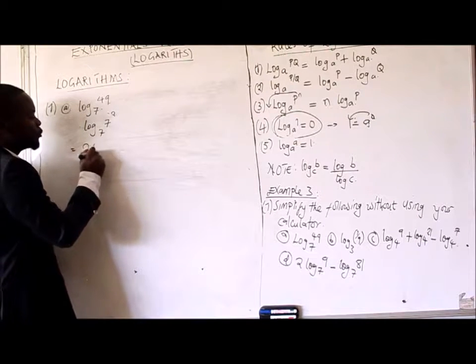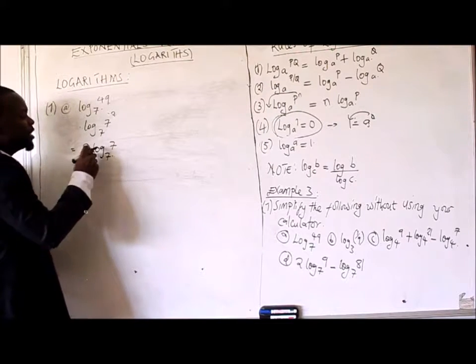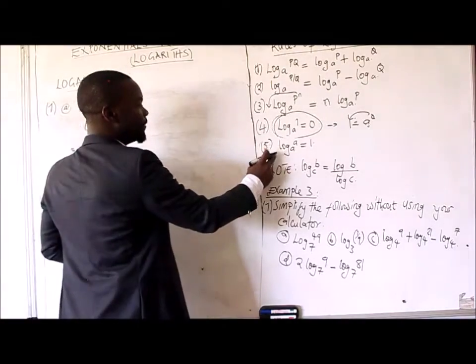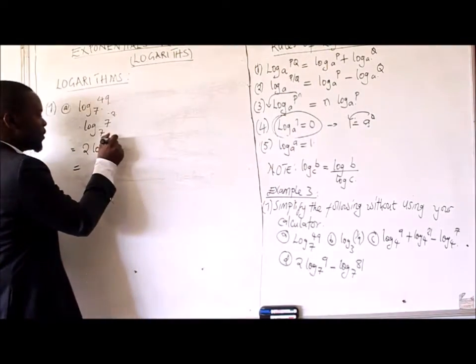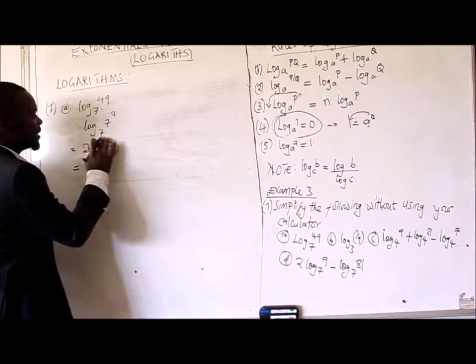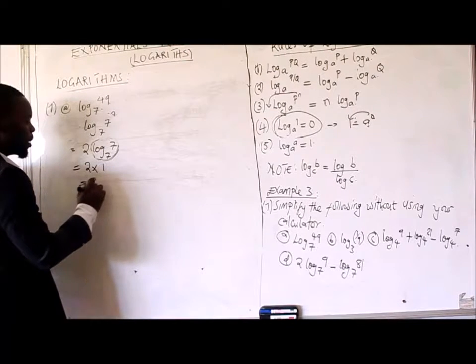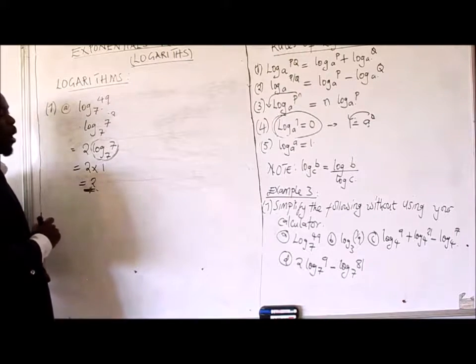Therefore, we are going to have 2 log 7 base 7. Now, since the logarithm and the base are the same, according to rule 5, your answer should be 1. So this part is giving us 1. Therefore, we're going to have 2 times 1, which is 2. So we have simplified our A.